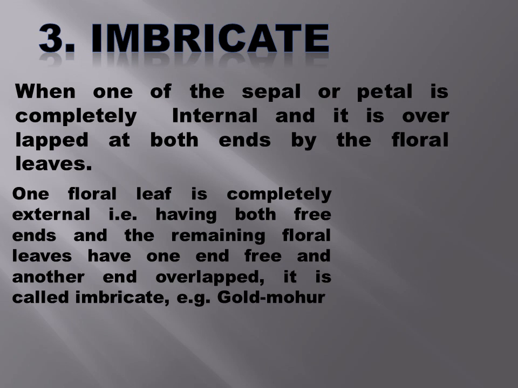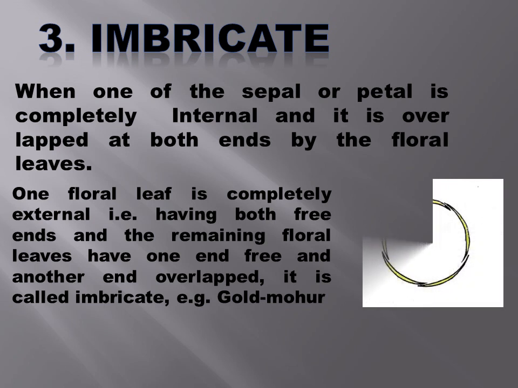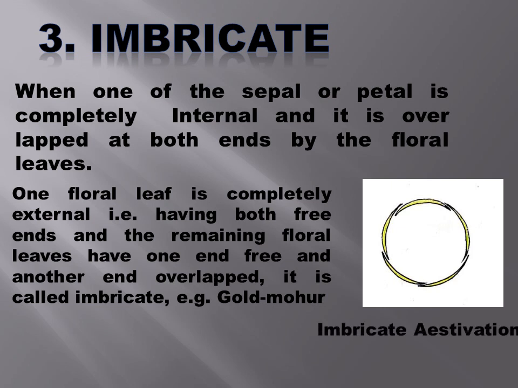It is called imbricate estivation, that is present in the gulmohar plant. In this diagram you can clearly see the internal and the external sepal or petal. This type of estivation is called the imbricate estivation.